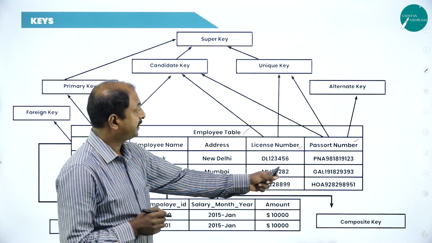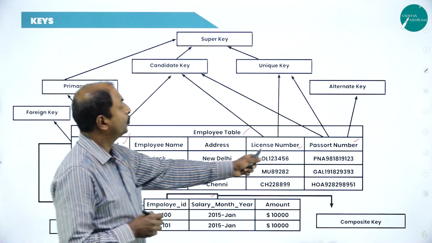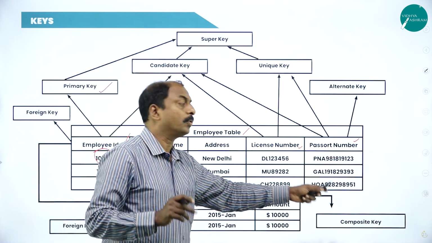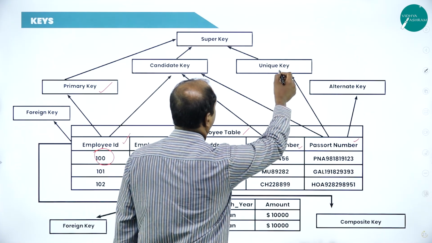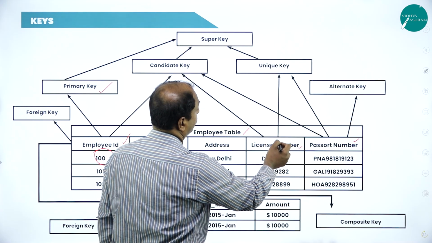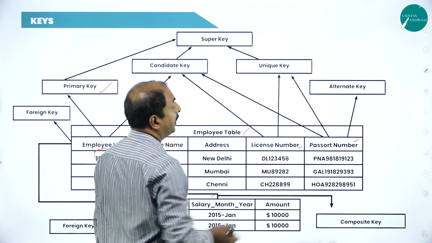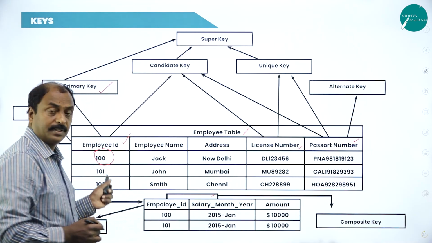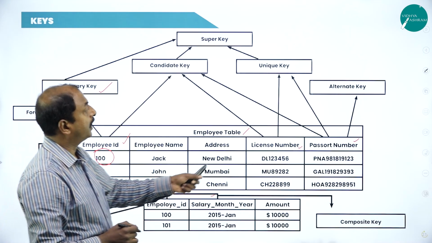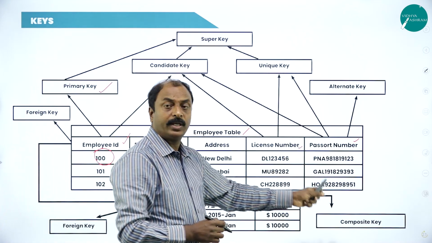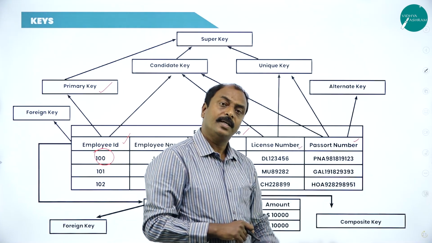So in this table, we find there are two more columns or attributes that are unique in nature. They are called unique keys. So here this license number is unique, and this passport number is also unique, and this table can be built not only with employee ID, but can also be built based on these two attributes. It is called an alternate key.